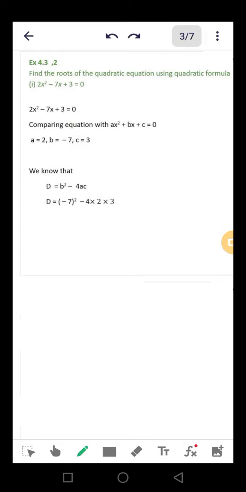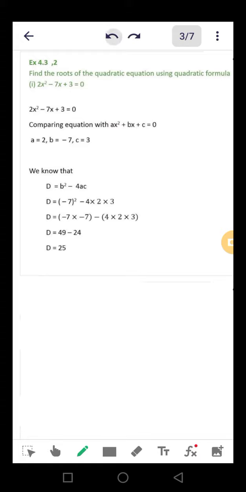Minus 7 square is plus 49, minus 7 into minus 7 is plus 49, and 4 into 2 into 3 is 24. 49 minus 24 gives you how much? 25. That's right. This is the discriminant, or the value of D.